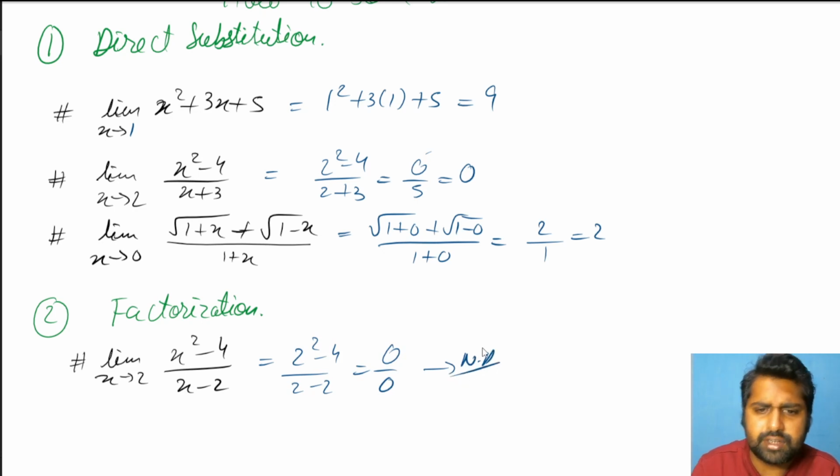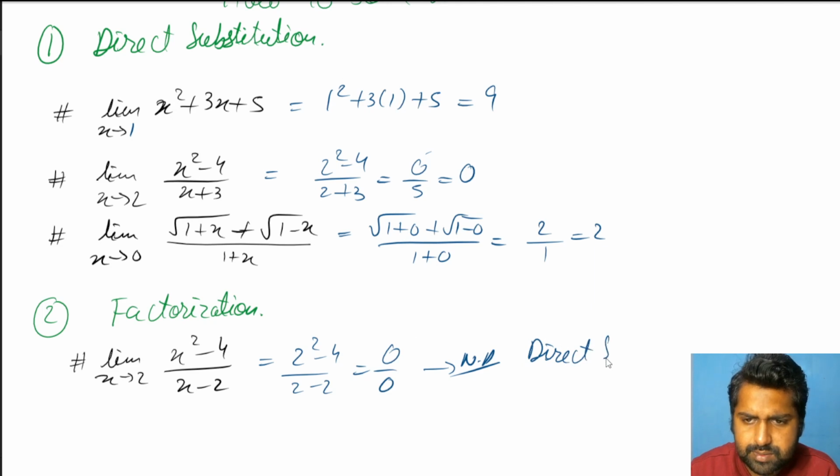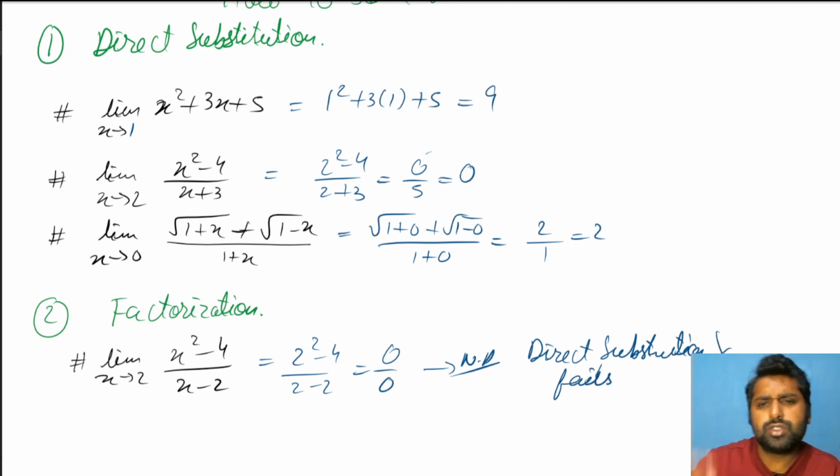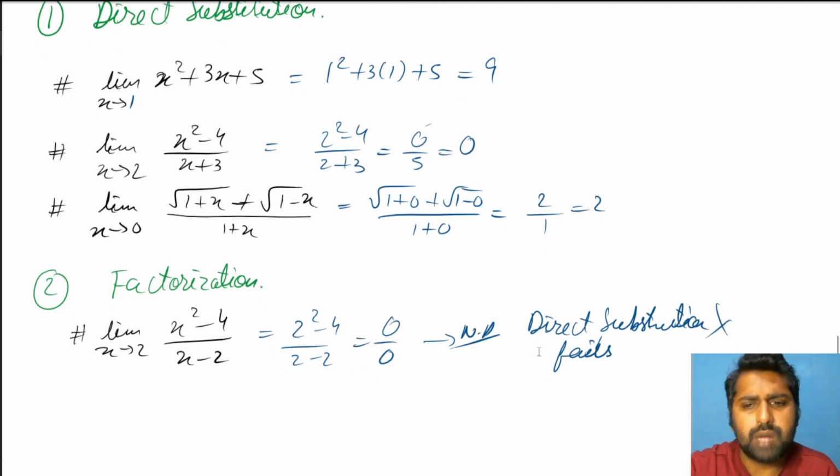The denominator first of all cannot be 0, and this is coming 0 by 0, so we cannot judge this. So direct substitution fails here.